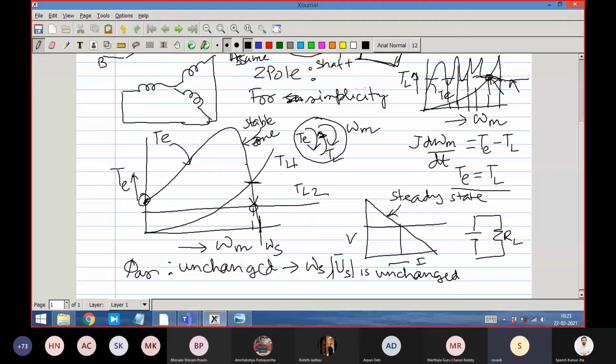If these two things are unchanged, the flux will remain unchanged. This is the first point you have to fathom.